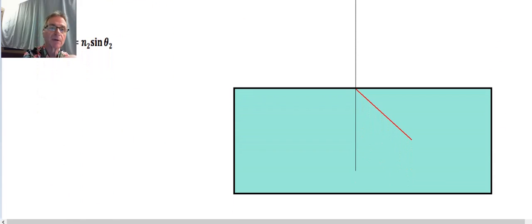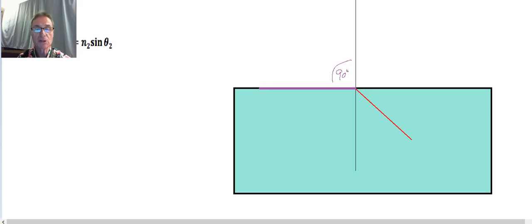I'm going to draw this reflected, or not really reflected, ray here as it just skims the surface. So it doesn't really reflect and it doesn't really refract. It doesn't reflect back down into the water and it doesn't refract out into the air. Okay? And again, this angle up here is 90 degrees.